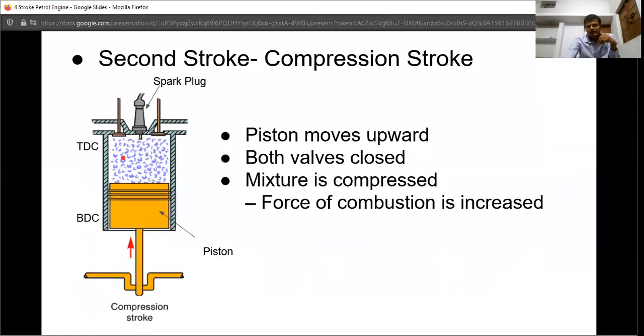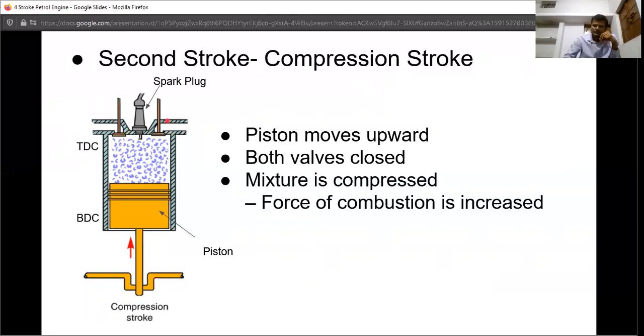The second stroke is called the compression stroke. In this stroke, the piston moves from bottom dead center to top dead center and compresses the air-fuel mixture. The pressure of the mixture in the cylinder rises to a value of 8 bar. Both inlet and exhaust valves are closed.